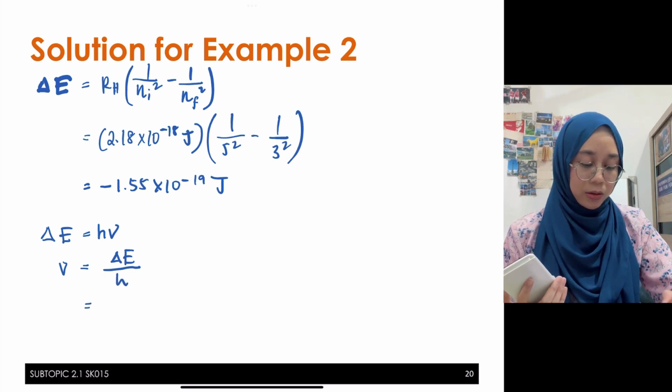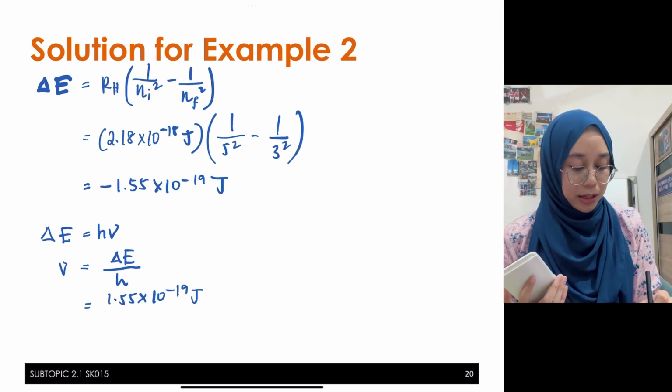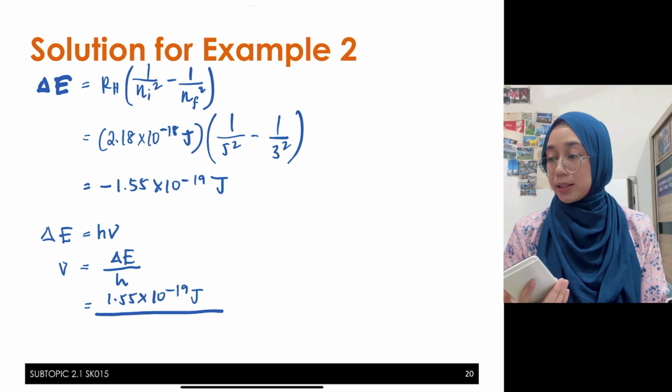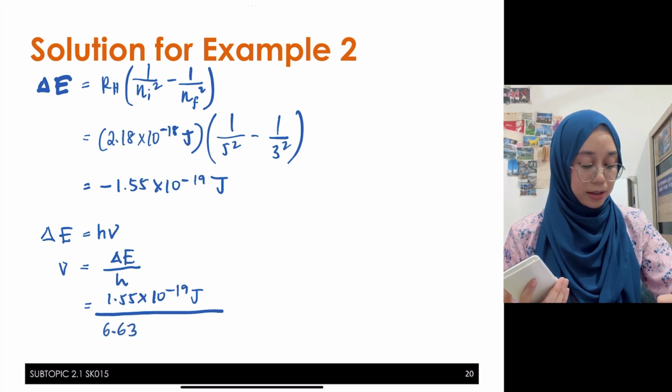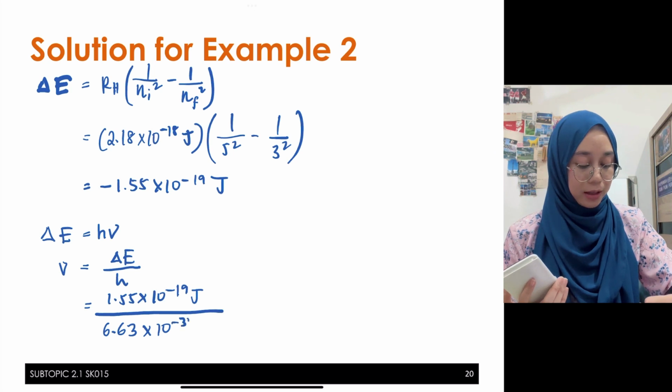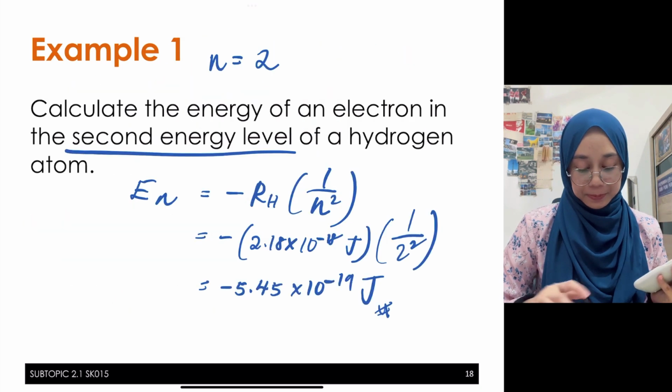Okay, so delta E kita 1.55 exponent negative 19 joule, and then Planck constant kita, oh my god, Miss tak ingat, I think it's 6.63 exponent negative 34 joule second, I think. Let me just double check balik.